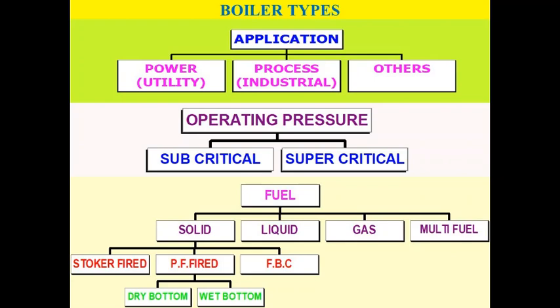In some places we may find fluidized bed combustion, and older units used to have stoker fired units with a travelling grate arrangement. So all these types of firing arrangement, pressure regime of operation and application are visible in different plants.